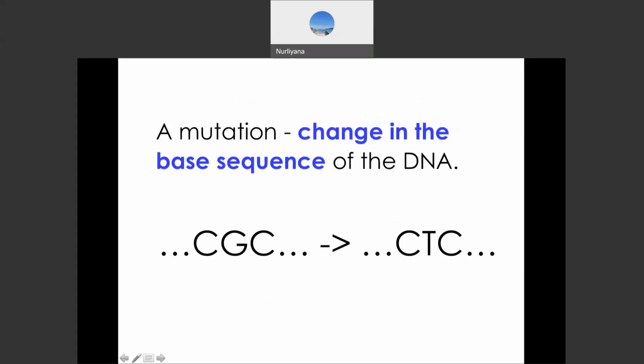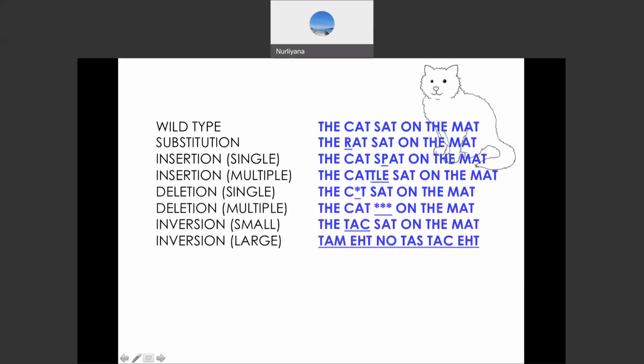The definition of mutation is the change or alteration of your base sequence of DNA. For example, in the CGC, the middle base is changed to T, causing the amino acid that will be translated in the process of translation to be a different type of amino acid.